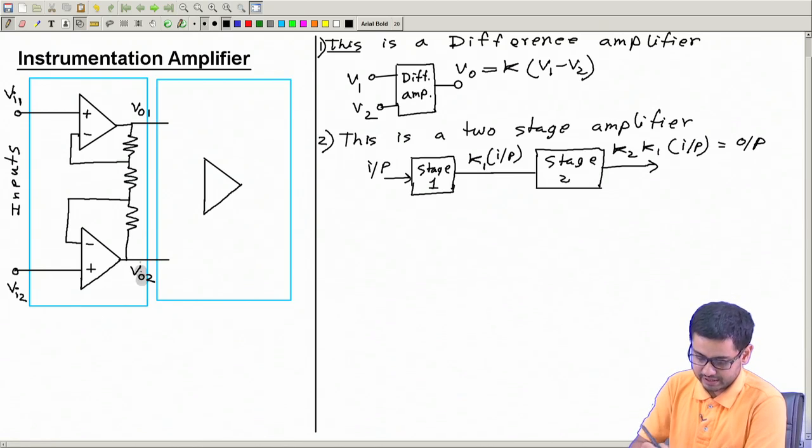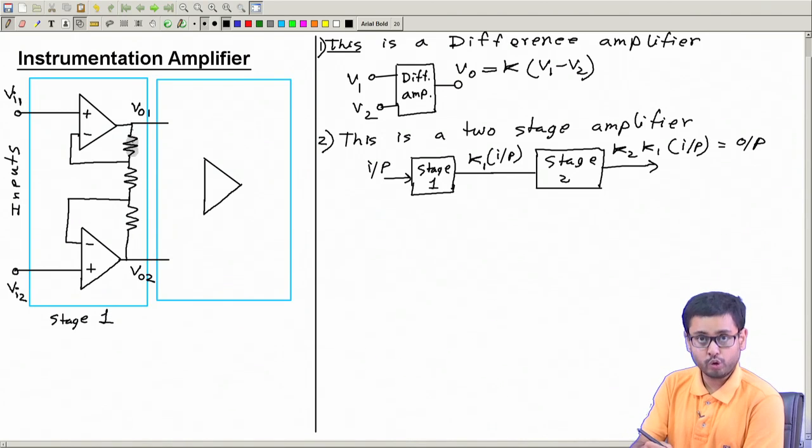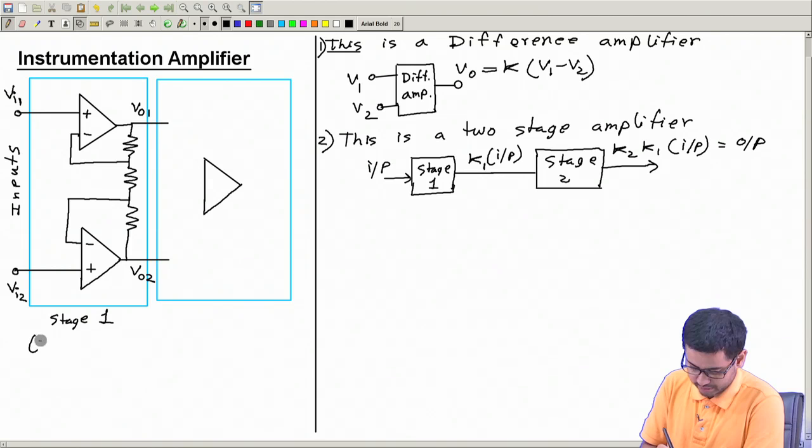So, this is the stage 1, which has two inputs, two outputs.